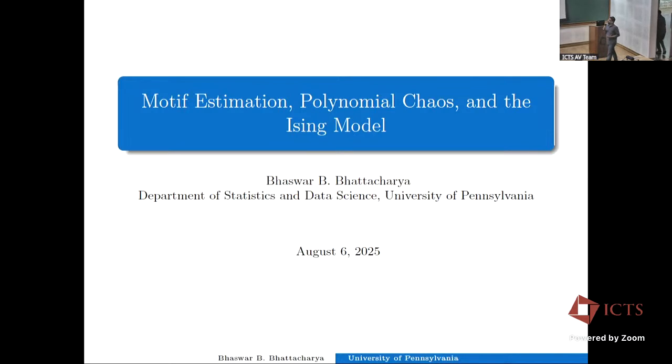It's a great pleasure to have Bhaswar Bhattacharya from the University of Pennsylvania give our monthly colloquium. Bhaskar got his PhD from the Department of Statistics at Stanford. And prior to that, he got his master's and his bachelor's degree from ISI Calcutta. I believe after his PhD, he spent a little time at Redmond working.